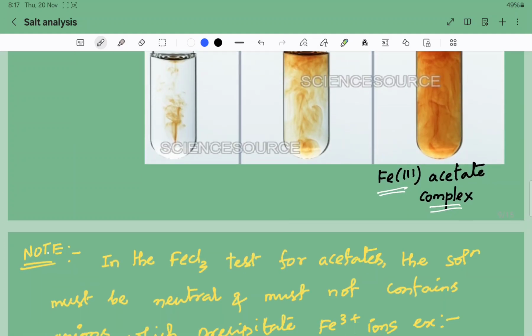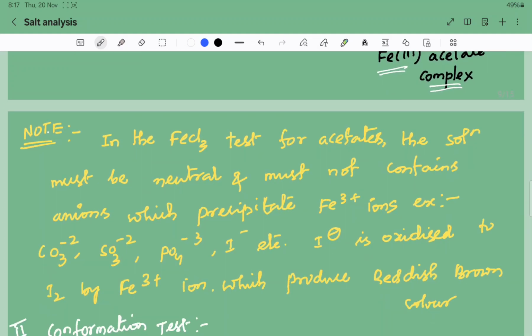Next, one more important note, student, from the mains point of view. In the neutral FeCl3 test for acetate, the solution must be neutral and must not contain anions which precipitate with Fe3+ ions. For example, if the salt contains carbonate, sulfate or phosphate, it will not give the test.